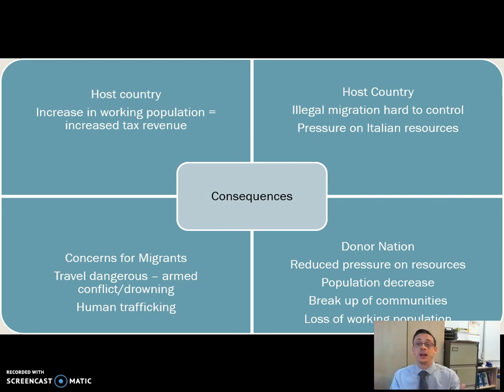Now, the last one, the consequences for the donor nation, for Libya, etc. themselves. Well, one, the bright side, if you will. There is a reduced pressure on national resources. There are fewer people who need to utilise the healthcare systems, education systems, housing, etc. However, it's a population decrease, and that comes with consequences as well, such as you can earn less in taxation, or taxable revenue.